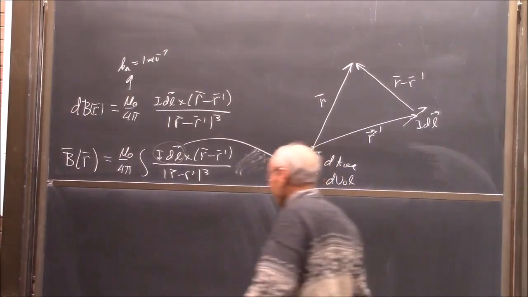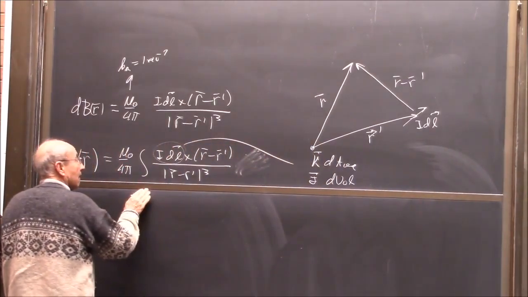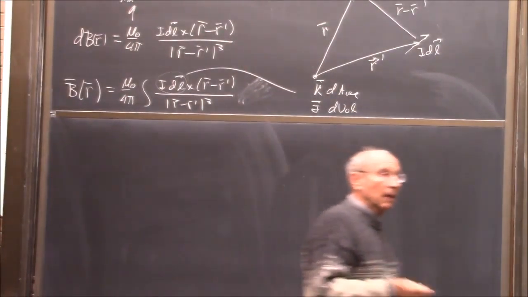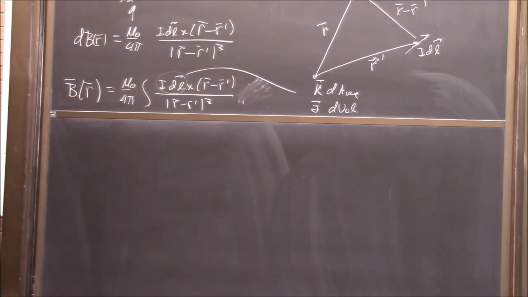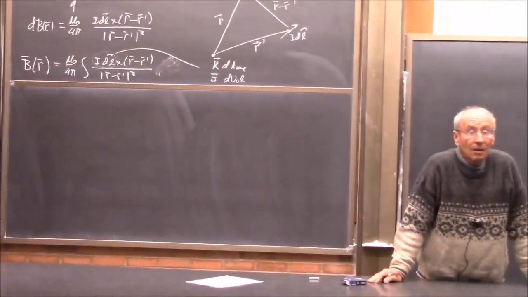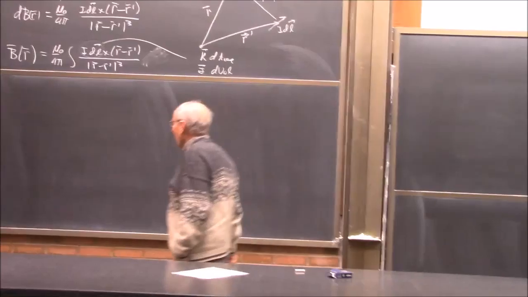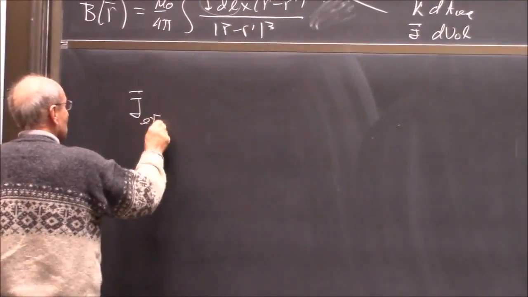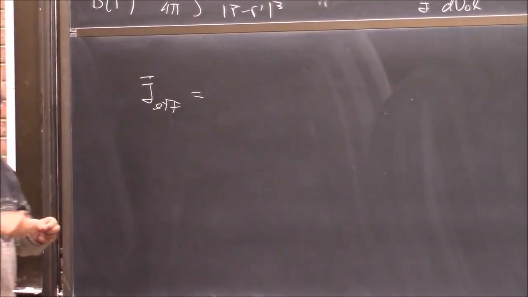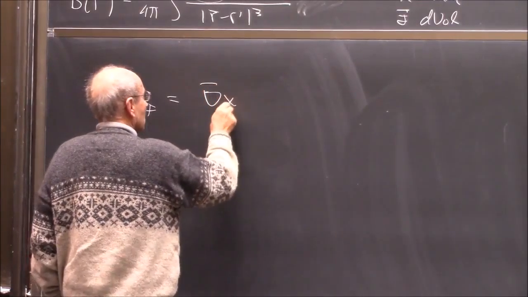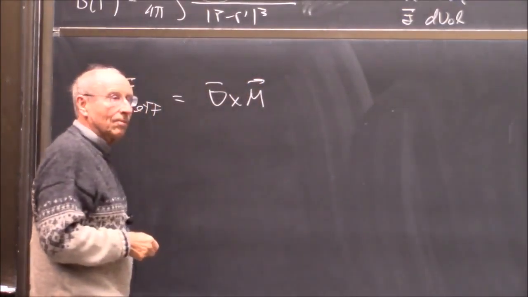Then we considered magnetic materials. And for magnetic materials, we defined a new vector, which we called H, by making the observation that if you had magnetic materials, you got an effective current due to the magnetic material, which was given by the curl of the magnetization.